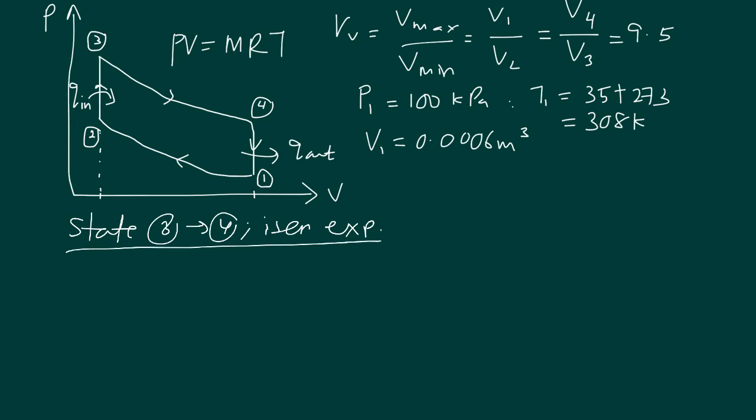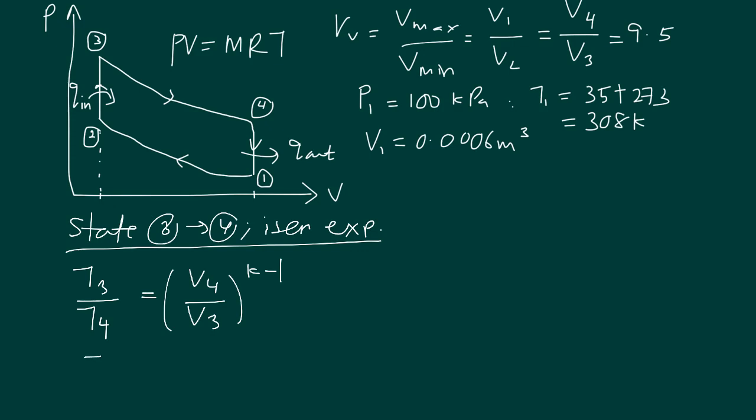So you are going to have T3 over T4 is equal to your V4 over V3 to the K minus 1.